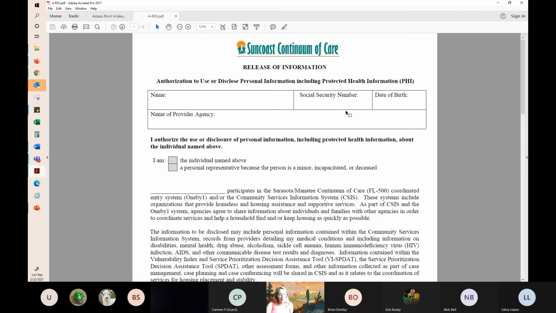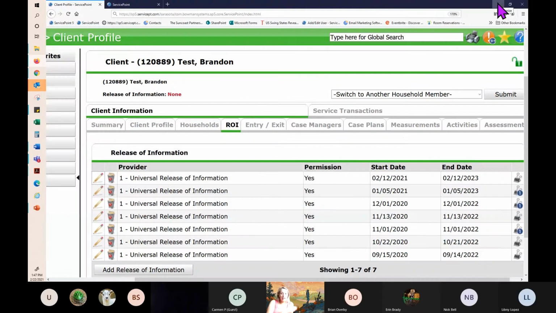We cannot discuss client information without this scanned and uploaded to the system. We can't just add it, and we can't take an internal ROI for the use of the entire COC. We have this universal ROI, so the client only needs to sign one universal ROI, and it will be good for the entire COC. So please keep that in mind.